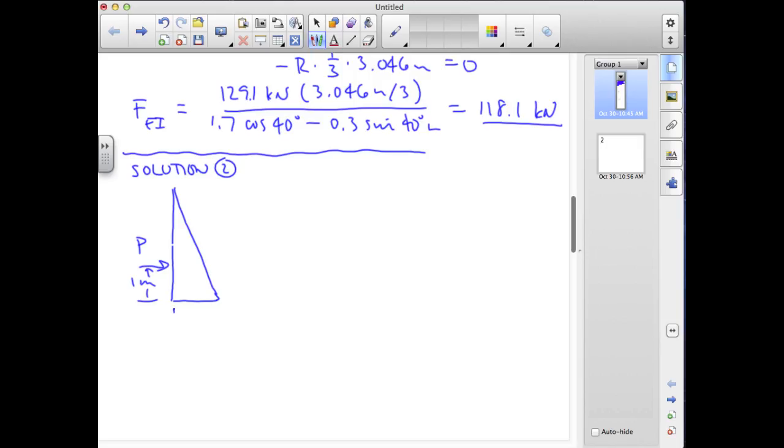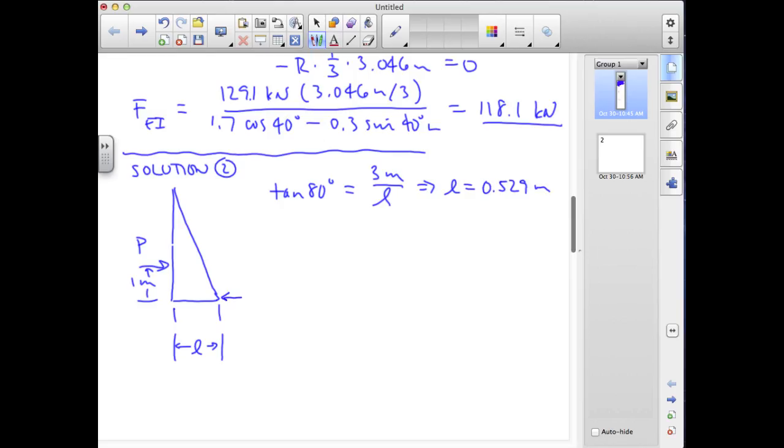We're going to need this length L, and we can again say that tangent of 80 degrees is equal to the depth at A over the length L. And if we turn that around, L is equal to 0.529 meters.